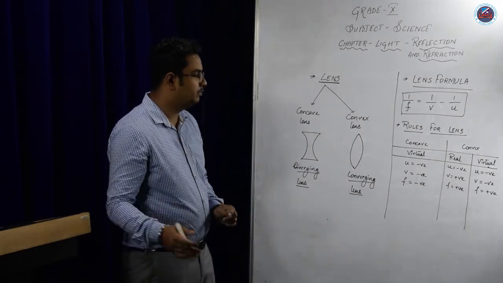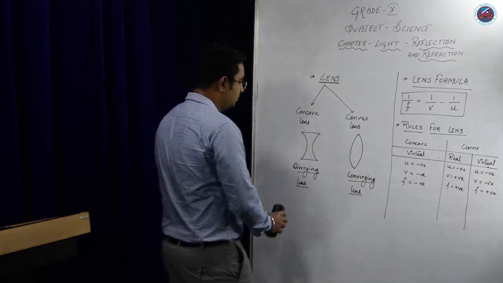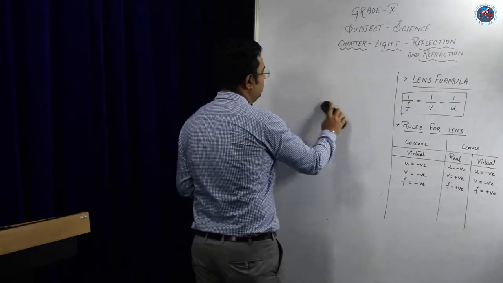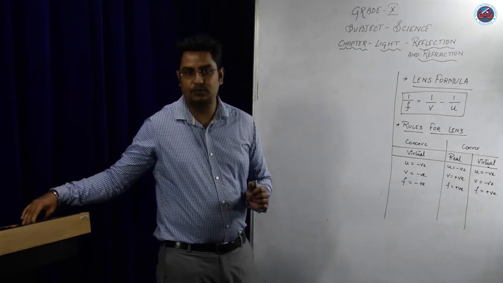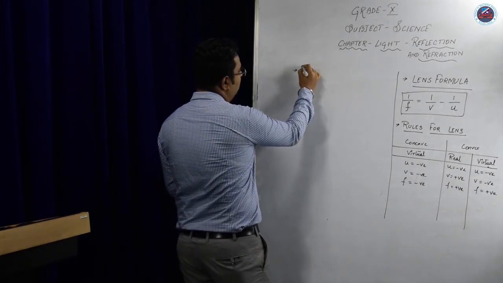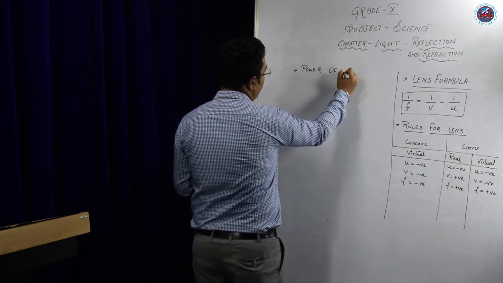Now the next topic which we will move into is the power of a lens. This will be the last topic of your chapter. Now, what is the power of a lens?